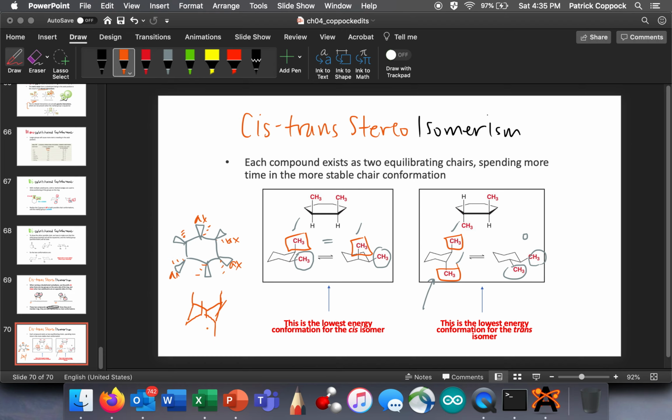You should draw this out, all right? And prove to yourself that axials are 1, 3, 5 going up, 2, 4, 6 going down. Yeah, prove that to yourself. And then also, we'll have a chance to practice more of what it means to have disubstituted cyclohexane rings, and we'll be naming them cis and trans.